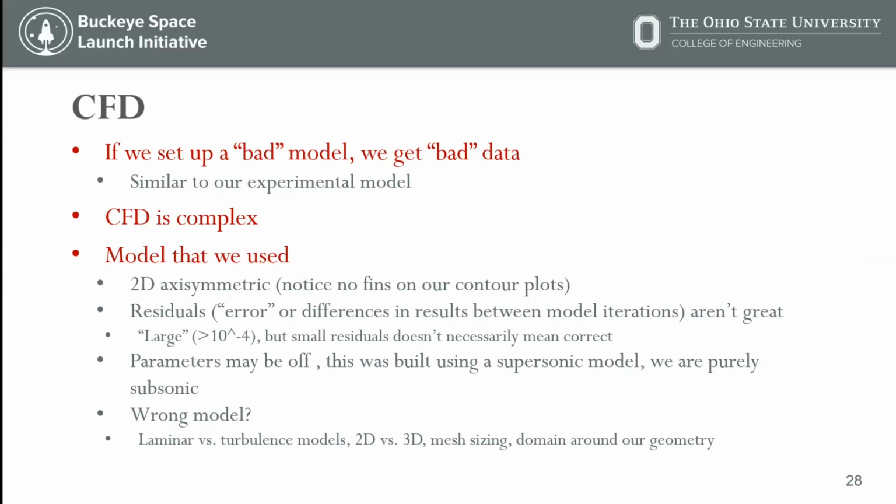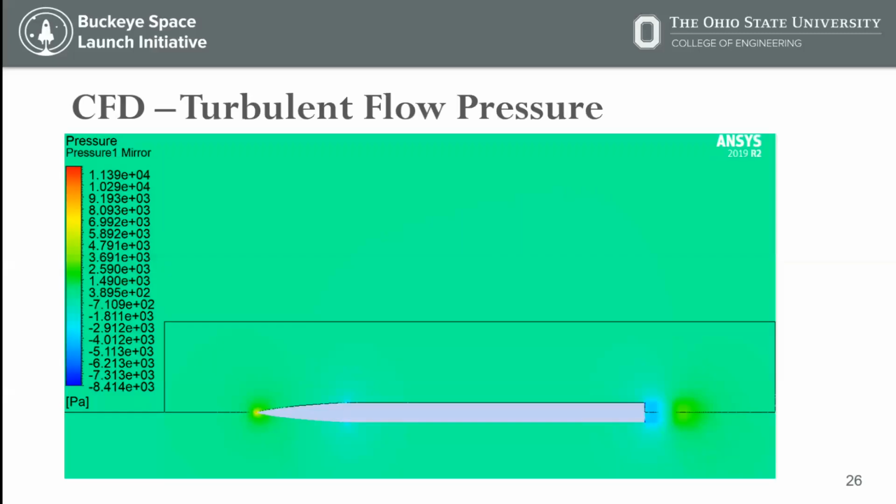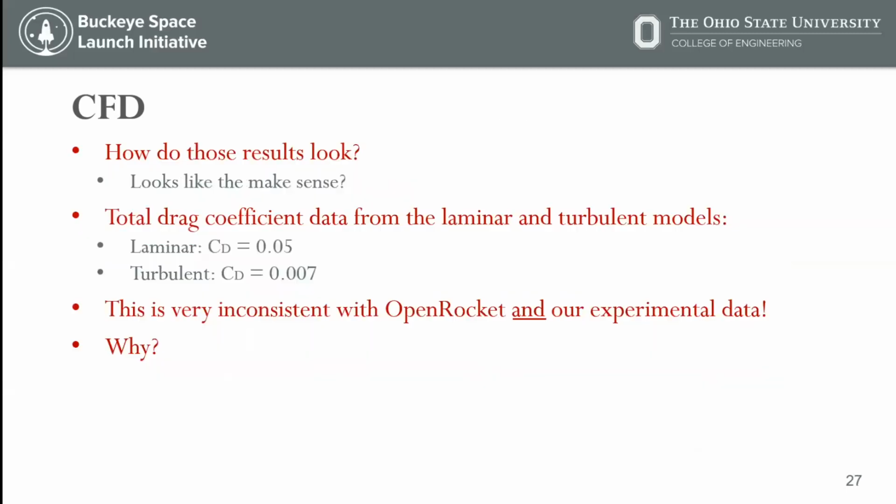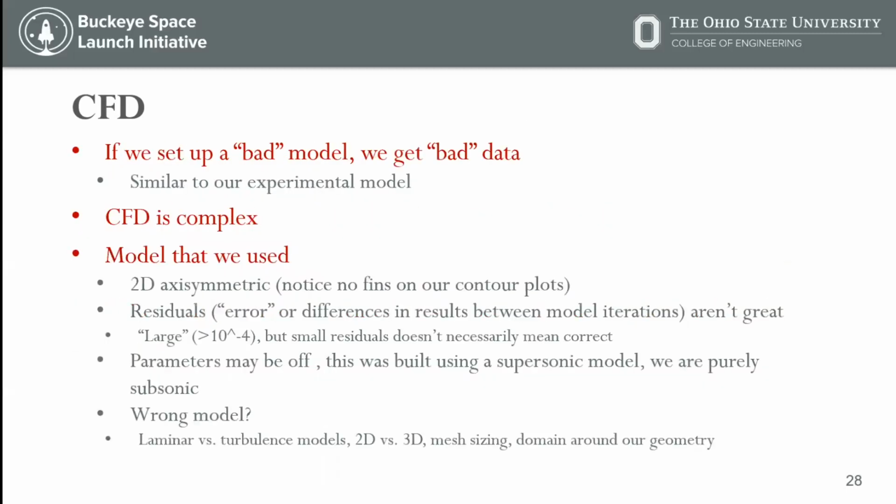Then there are things that go along with any computer-aided engineering project, so mesh sizing and the domain around our geometry. If I go back to those contours, the domain is the rectangle around our geometry, where that flow is actually being evaluated, because there's no flow inside of our rocket, it's only outside. At least we hope there's no flow inside of our rocket.